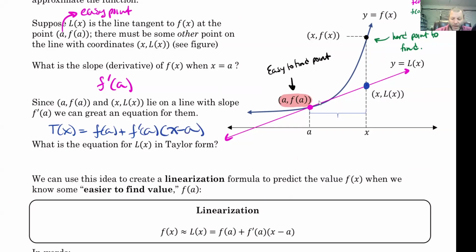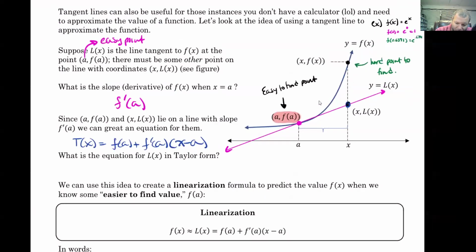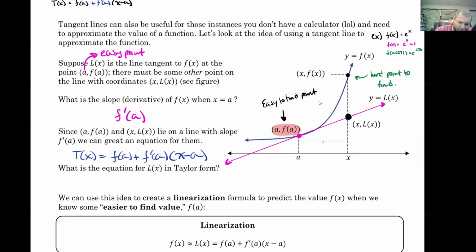So that's Taylor form of a line. But here's the connection that we want to make for linearization. Since I have this line, there's going to be a point on that line that has the same x coordinate as this really tough to find point on our function. So those 2 points have the same value of x.